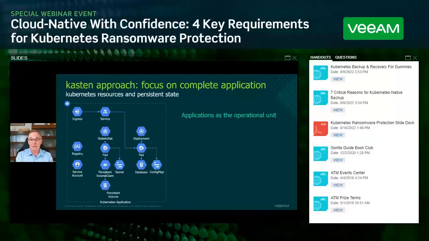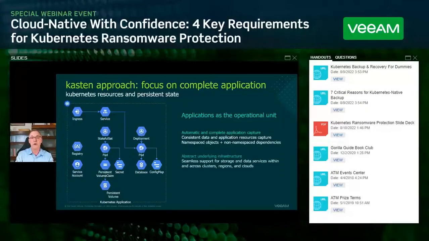Kasten is itself a Kubernetes application, so it runs in the clusters that you're protecting. It can support and protect multiple clusters in your environment. And because it's running with applications as the operational unit, it's very easy for it to automatically capture and protect applications, exactly the same way that Veeam, for example, can automatically protect new VMs in your hypervisor environment.